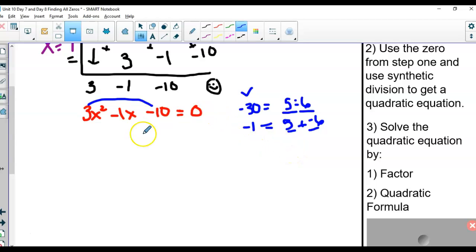Okay, so now I'm going to write this down. I have my first one here, 3x squared, negative 1x, and I know what's going to happen, so I want to put the 6 first so I can factor it out. So negative 6x plus 5x, that makes our negative 1.